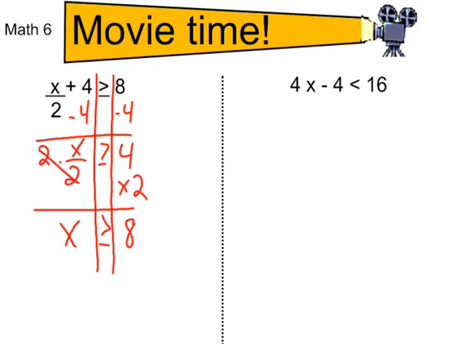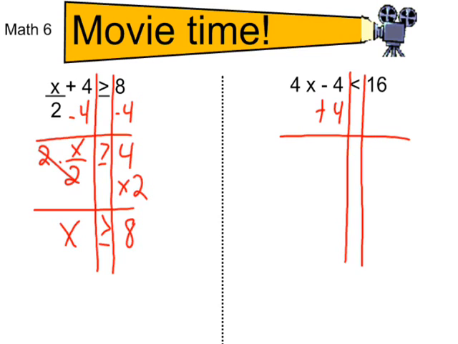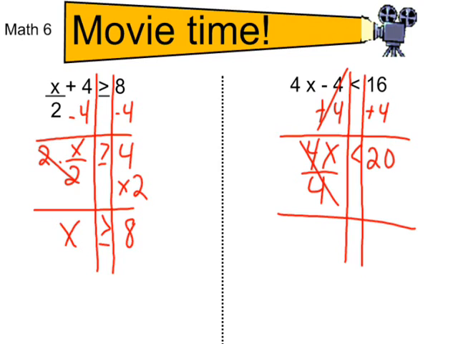In the next example, and again, I'm solving these just like I would if they were two-step equations. Okay, I'm going to bring down my 4x. And it's a nice one step. And that would be our solution for the second inequality.